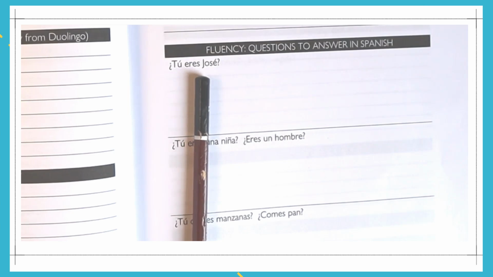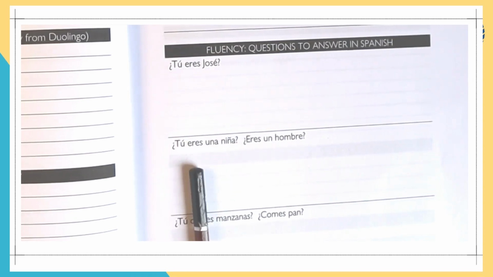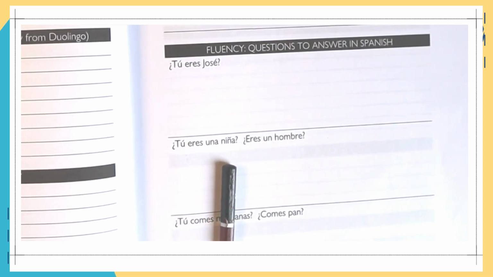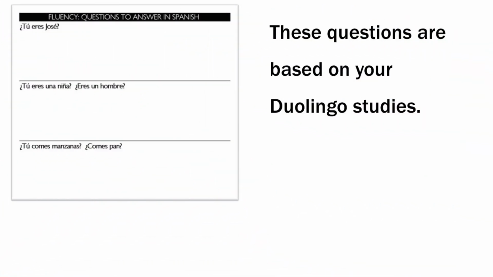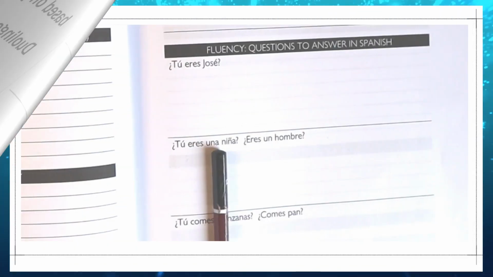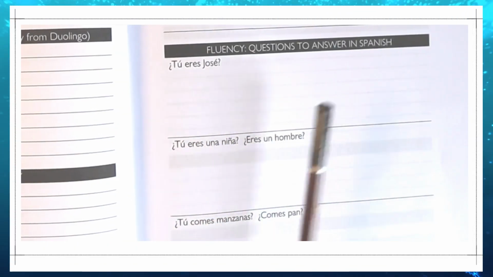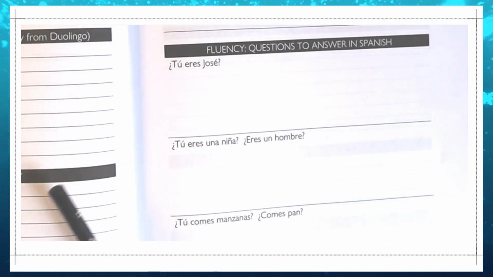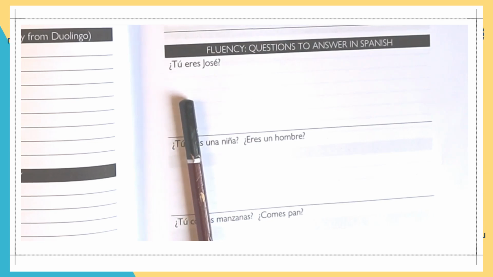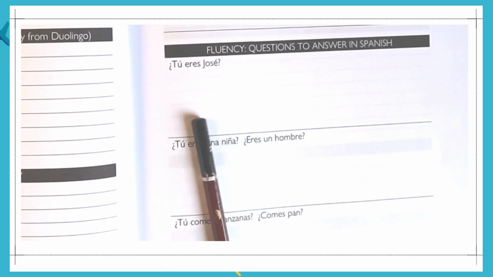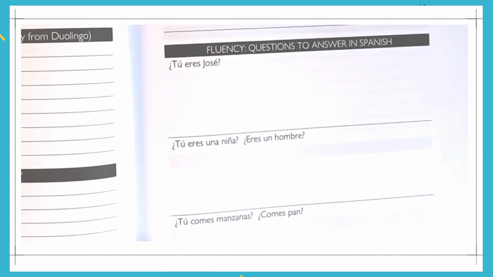Tú eres José. Tú eres una niña. Eres un hombre. These questions you should be able to recognize and understand from your work in Duolingo that corresponds to this lesson and this section. So you should be able to conjure up some kind of answer to these questions every single time by yourself.